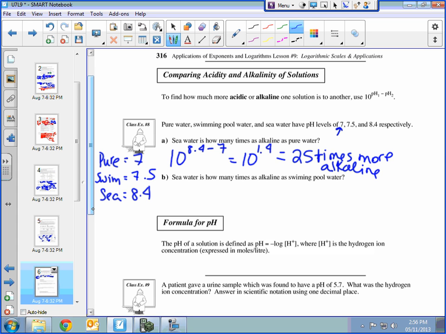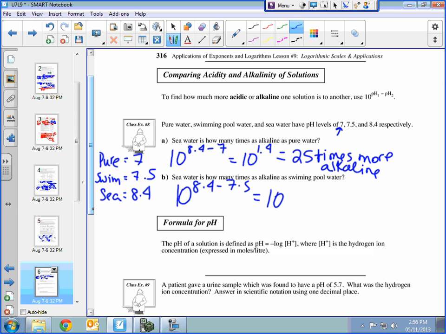Seawater is how many times as alkaline as swimming pool water? Is seawater more alkaline than swimming pool water? If it's more alkaline, do we go seawater minus swimming pool water then? Yes. If it's already right, just leave it.